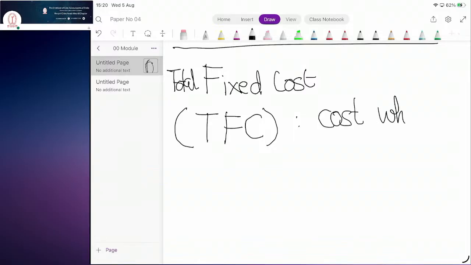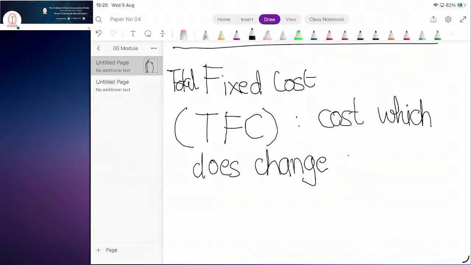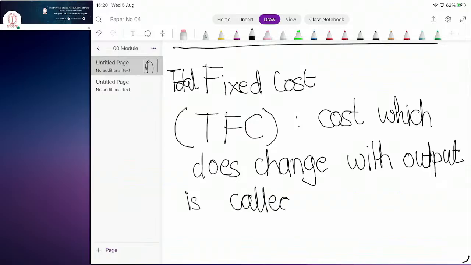Okay, that is cost which does not change with output. Cost which does not change with output is called fixed cost.